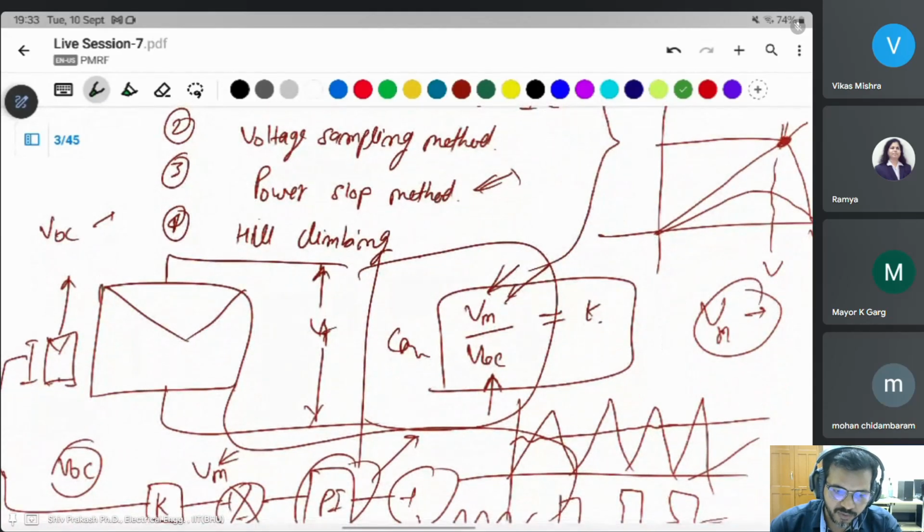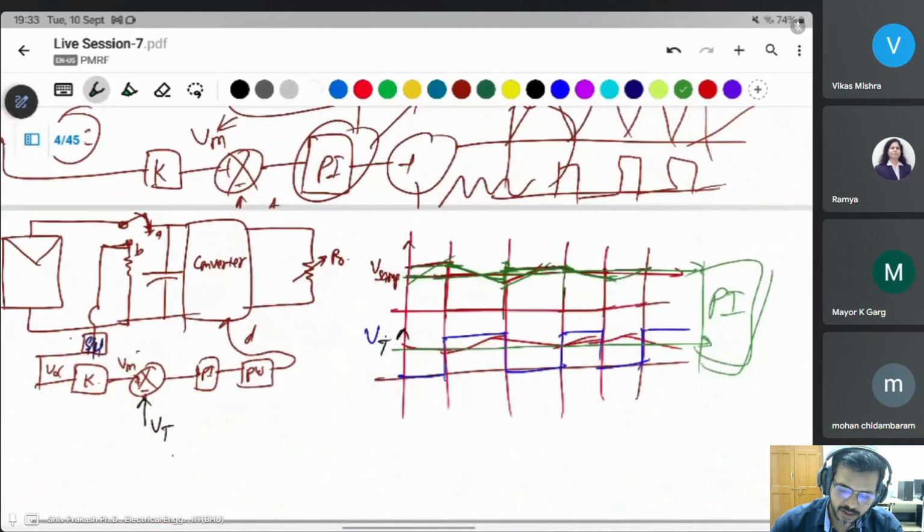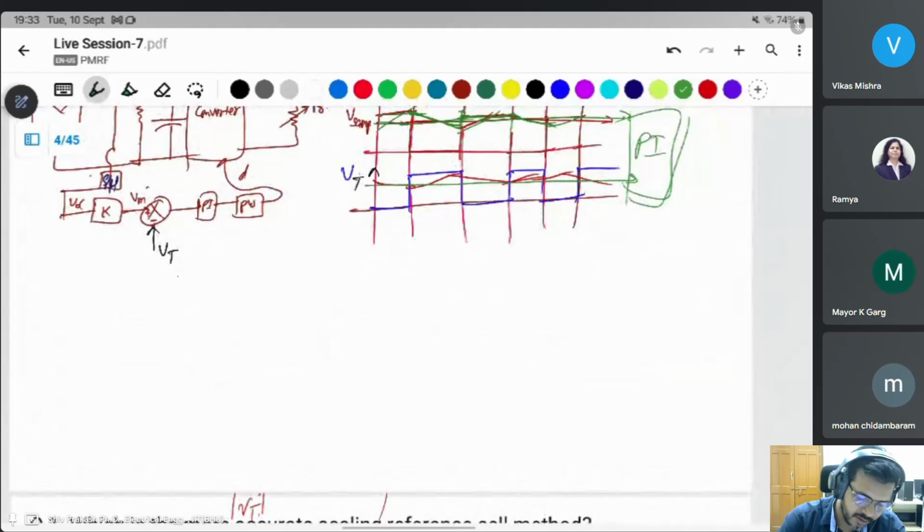For the power slope method, you track the power. Where is the maximum power? Then you need to track voltage and current both. You sense both, then after multiplication of them you get the power. Then track the power and voltage, compare them, which one is greater, which one is lower.